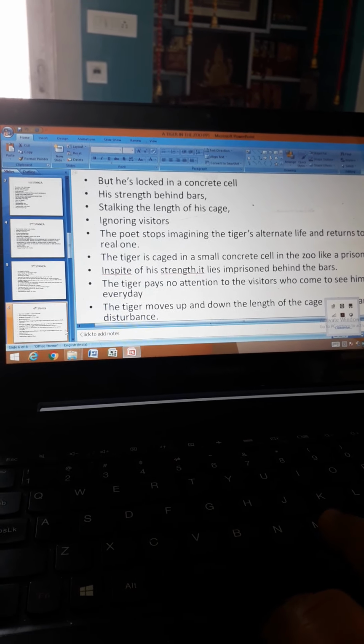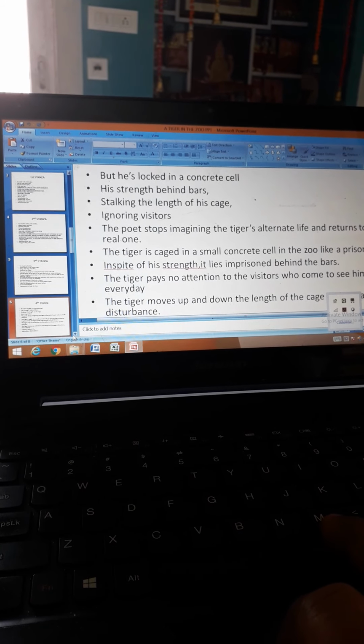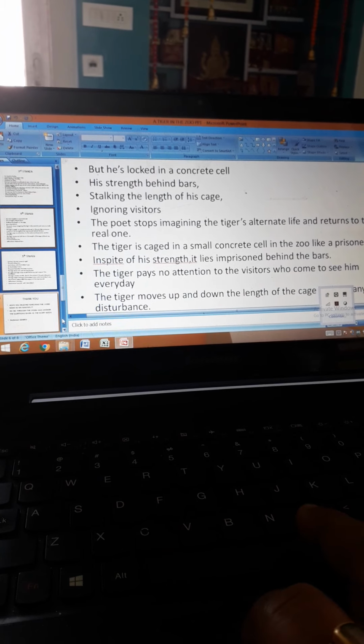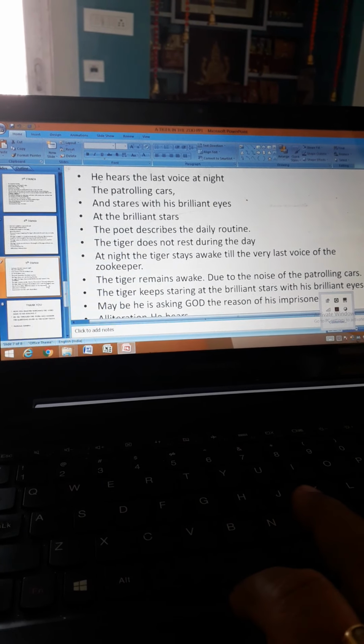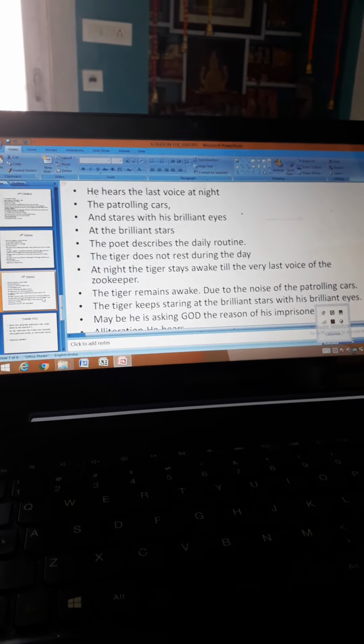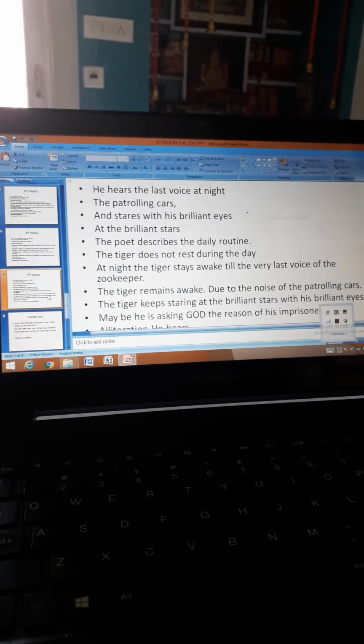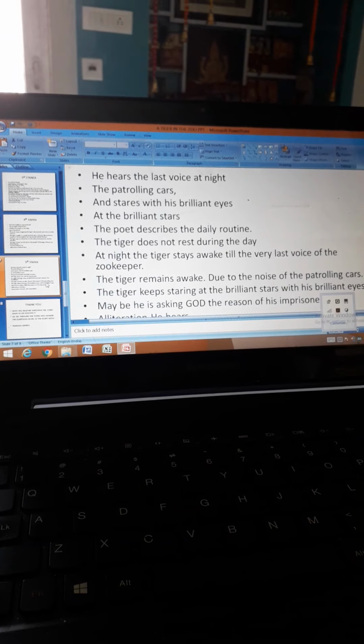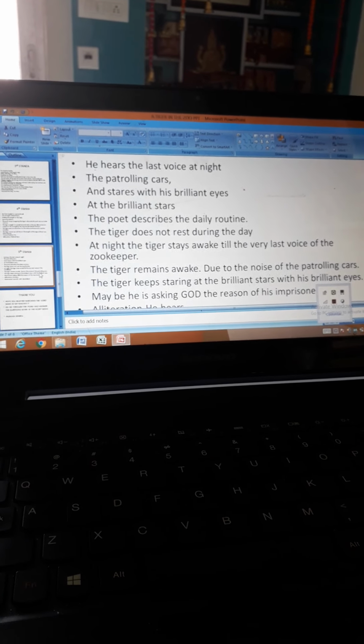Now, children, let's move to the next stanza, that is the fifth stanza. He hears the last voice at night, the patrolling cars, and stares with his brilliant eyes at the brilliant stars.